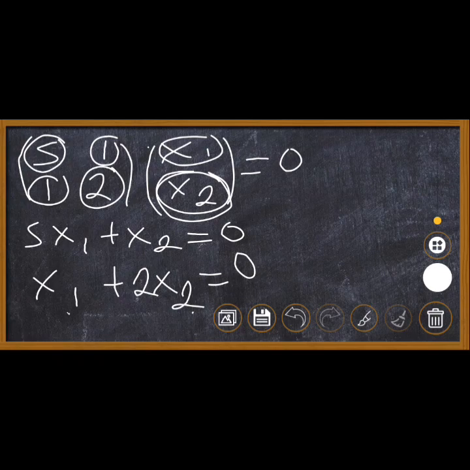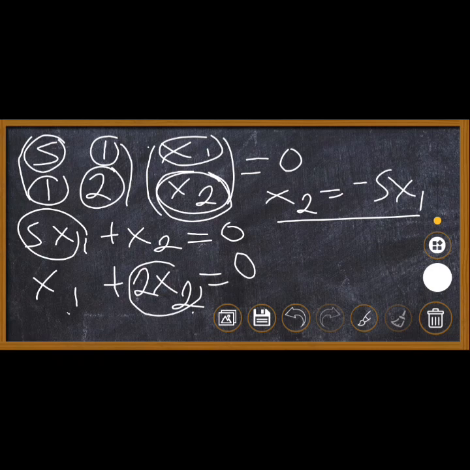So you can solve this simultaneously, where of course this can come to the other side, so that we can have x2 equal to negative 5 of x1. Here you can assume, let's say, what if x1 equal to 1? What will be our x2? So our x2 in this case will be -5.